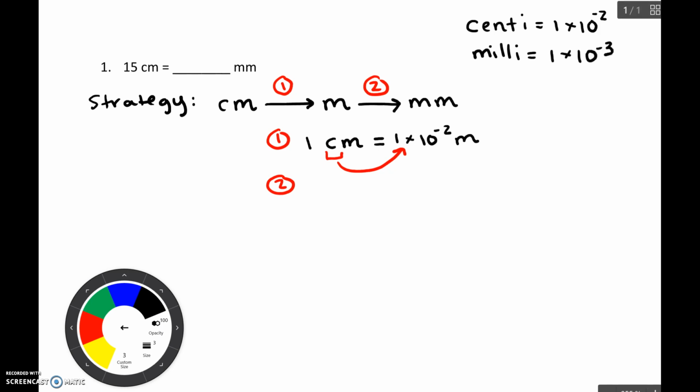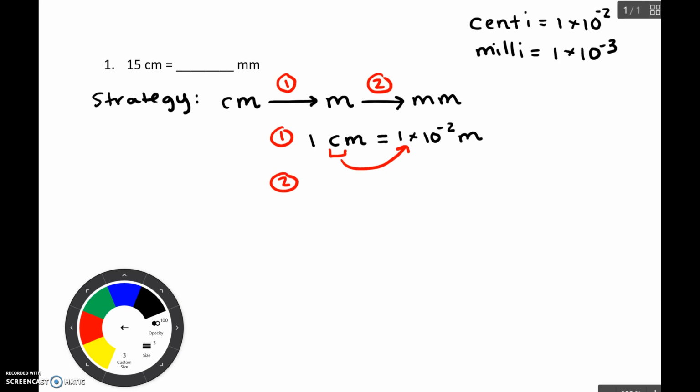I need to write an equivalence including this factor. I'm going to do it the same way, so I'm going to start off with the unit that has the prefix, 1 millimeter. In place of that m on the opposite side is where I'm going to put the factor, 1 times 10 to the negative 3. That's what milli stands for.